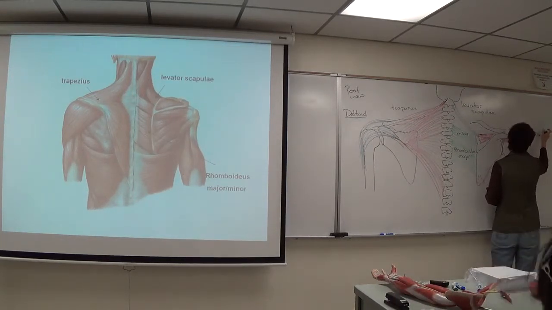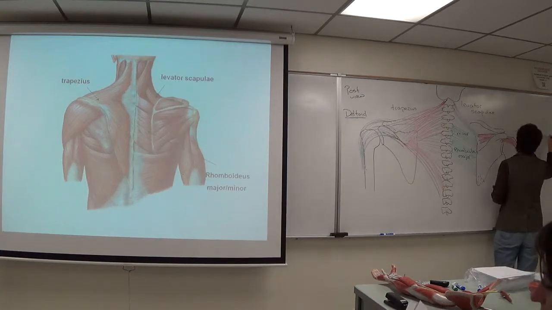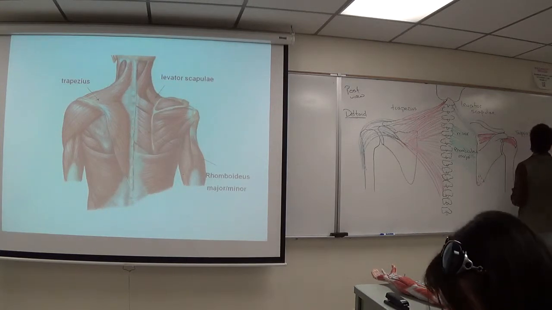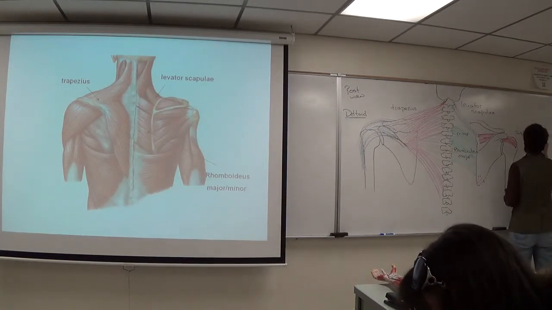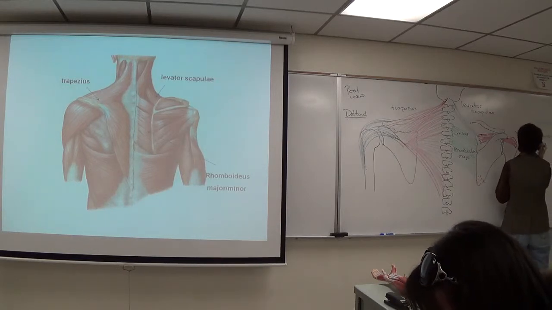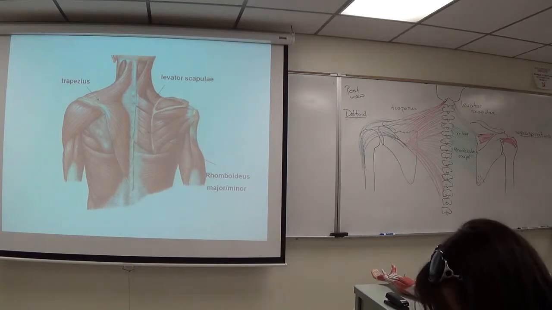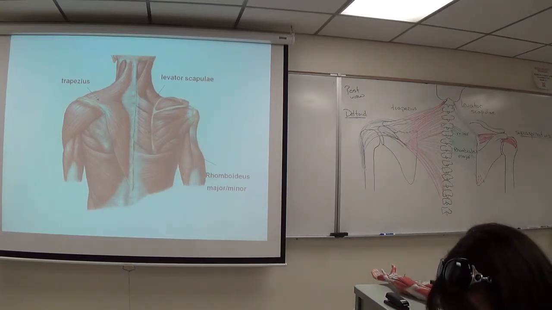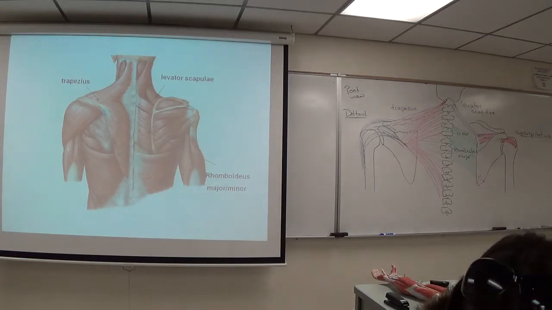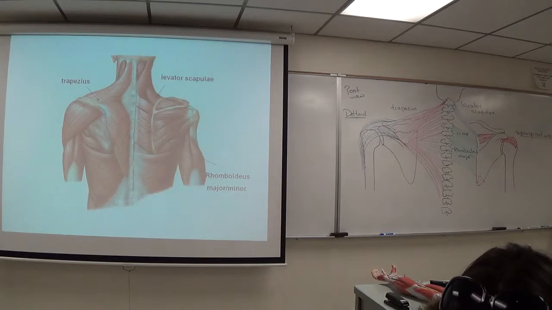It also functions in abduction. Deltoid would be the agonist. Supraspinatus is the synergist. Now, if you look at the fibers of deltoid, they go almost straight down, where they are lateral to the humerus.